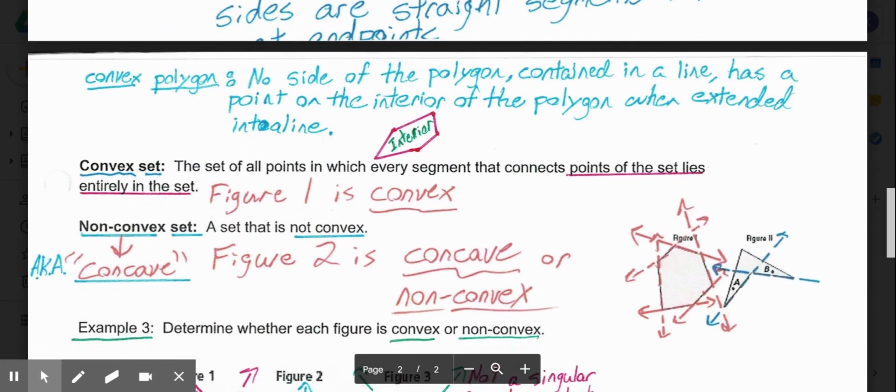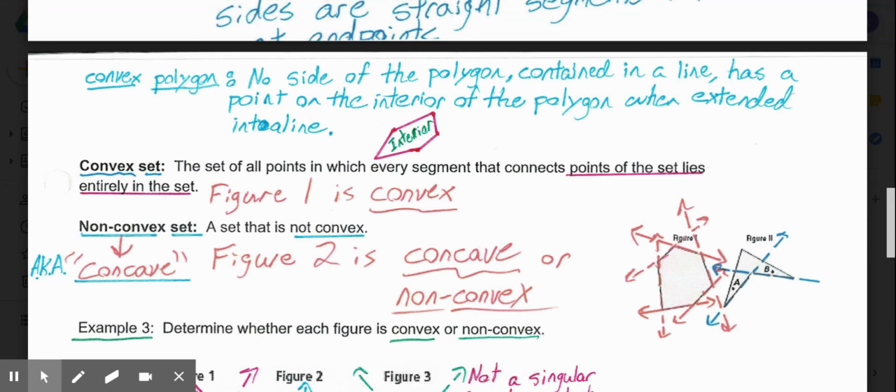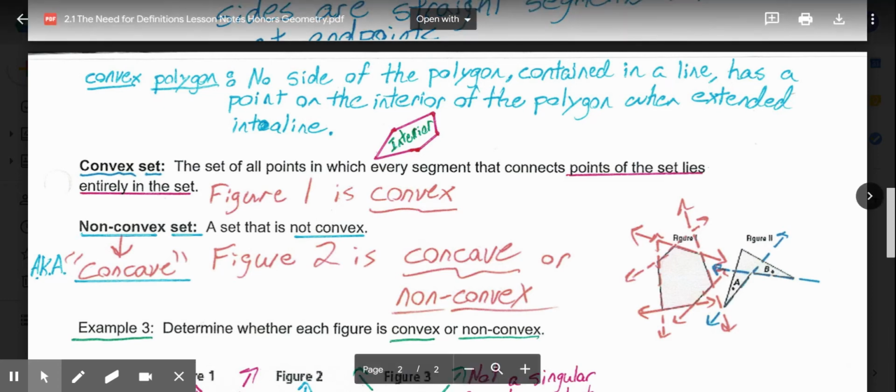So then we get into these definitions of convex and non-convex. Non-convex sometimes is referred to as concave. They're interchangeable in geometry. So a convex set has a little bit of a complex definition. It's the set of all points in which every segment that connects points of the set lies entirely in the set.